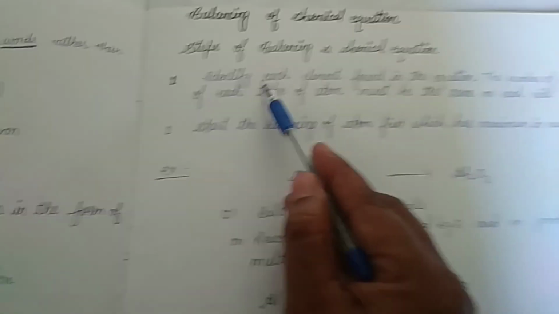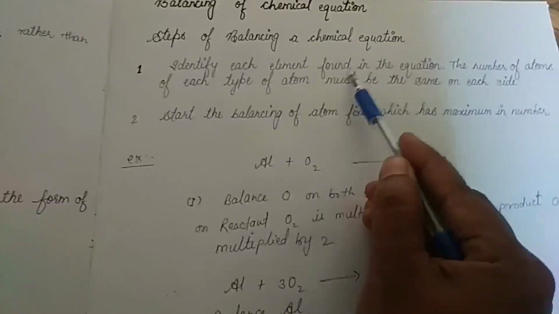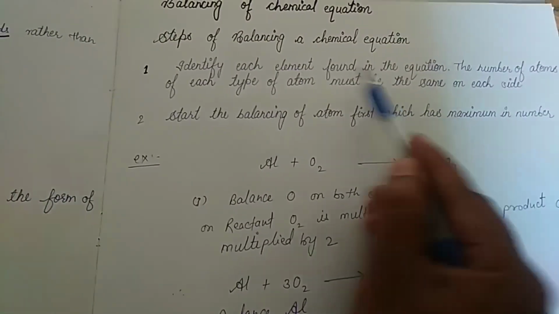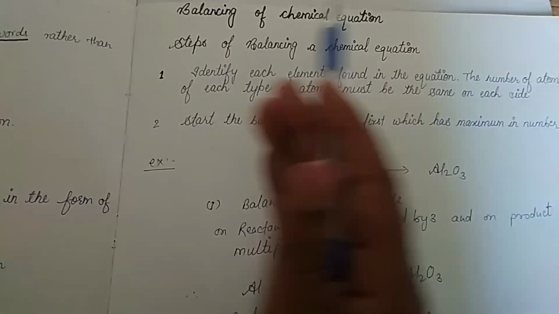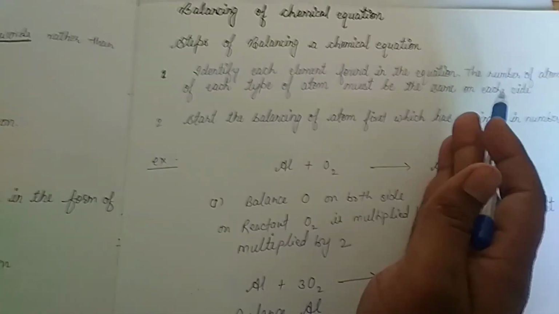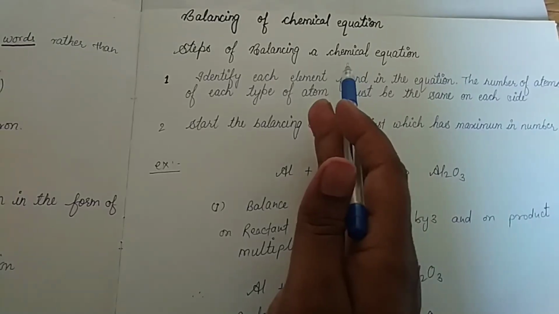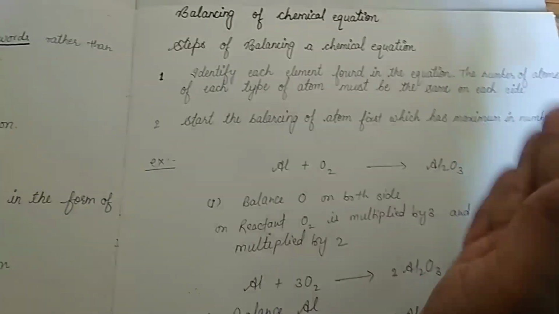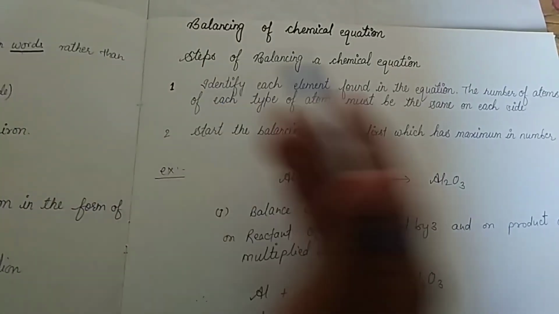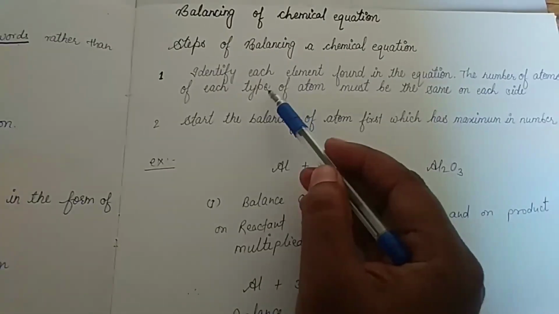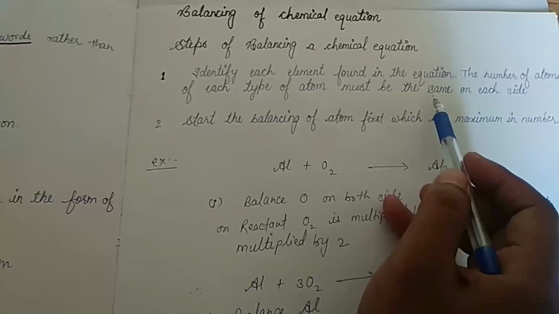First, identify each element found in the equation. We have to identify which element is given on both sides, for example oxygen. We have to find how many atoms of oxygen are on the reactant side and how many oxygen atoms are in the product. The number of atoms of each type must be the same on each side.